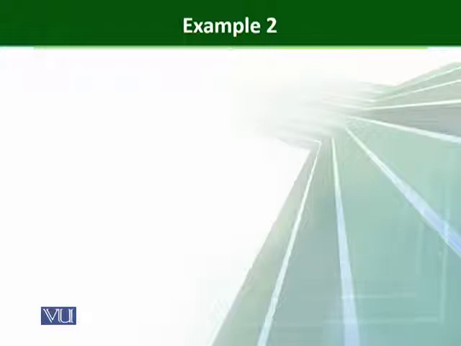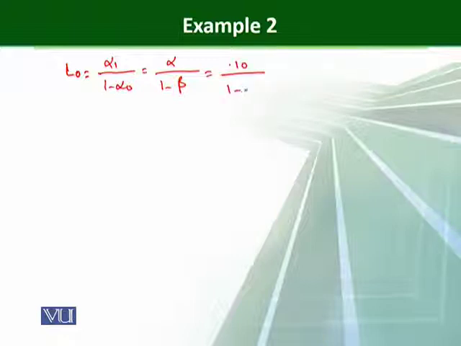Also we know that L naught can easily be evaluated, that is alpha 1 over 1 minus alpha naught, which is equal to alpha over 1 minus beta in terms of our original alpha and beta, the new alpha naught and alpha 1 which we have already defined when explaining the sequential probability ratio test. It is given that alpha is equal to 0.1, so that is 0.10 divided by 1 minus 0.10, which is actually 1 over 9.